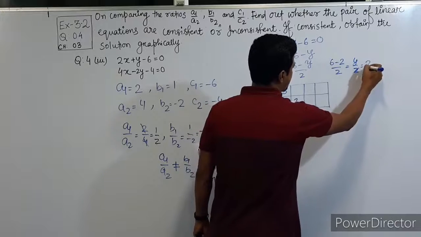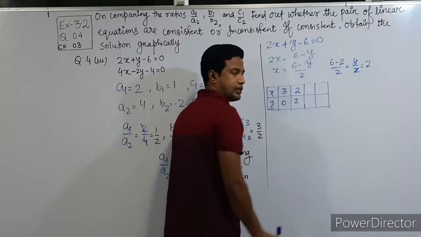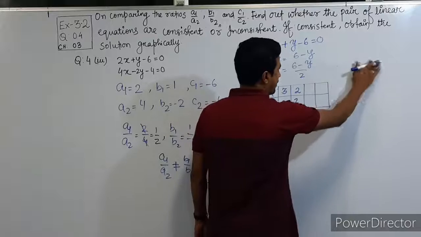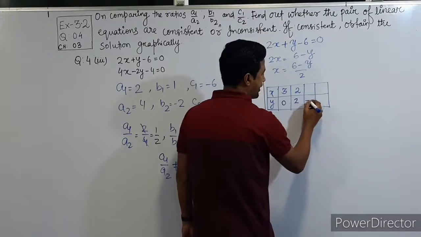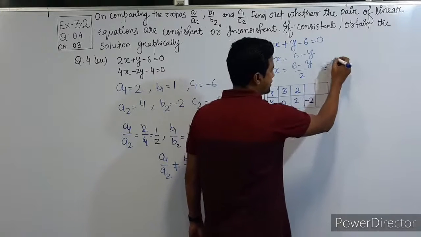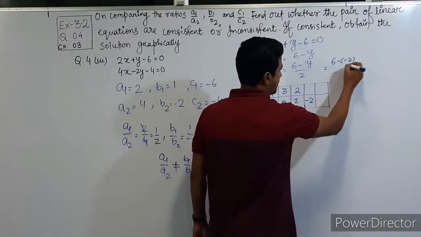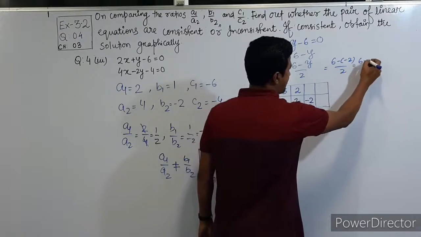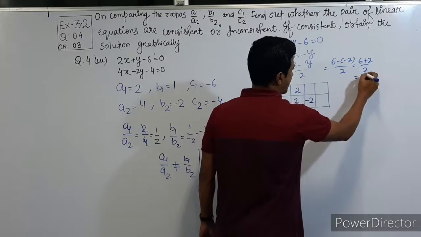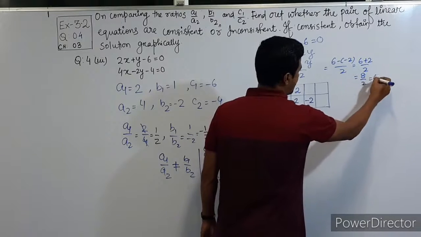After cancellation, I got 2. Now again, suppose -2. If I put -2, this is 6 minus of -2 by 2, so 6 plus 2 by 2, that is 8 by 2. The answer is 4.